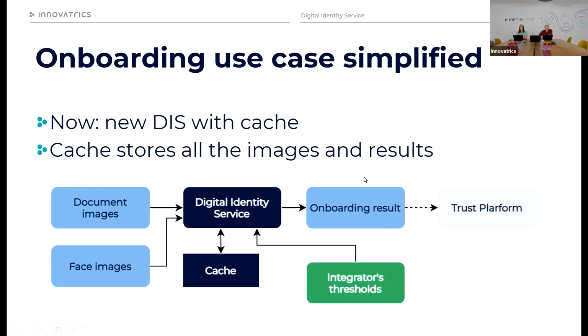And as the onboarding result is simplified and provided by us, we can bring a future product that we're planning for you, and this will be the Trust platform, which we will present when it's done.